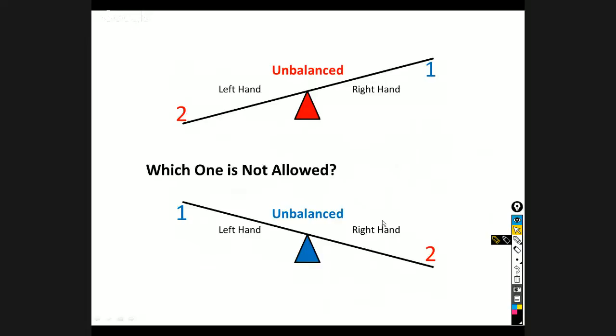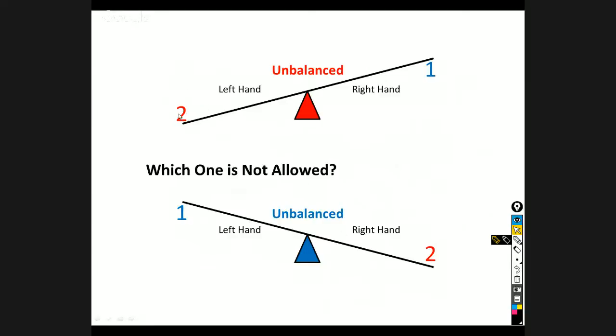But the same thing if we walk around to the other side is not allowed, because now it looks as if we would be, in this case, it would be allowed, because the 2 on our right-hand side is below the balance speed, which would be the horizontal line.